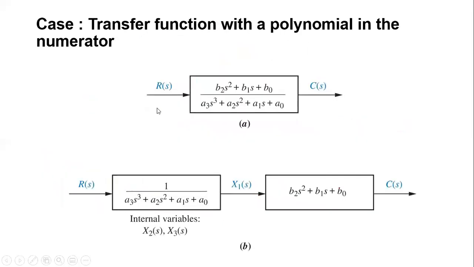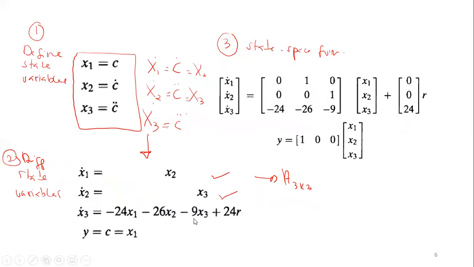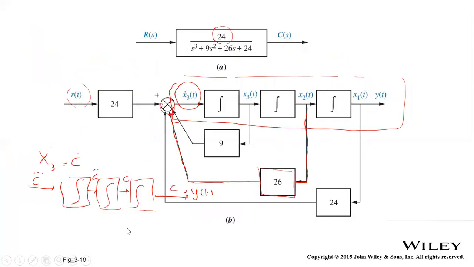So lastly, the signal from x1, which is minus 24 x1, is amplified by 24, and it is connected to the summing point, and it is minus. So this is what happens here. So you get the output.